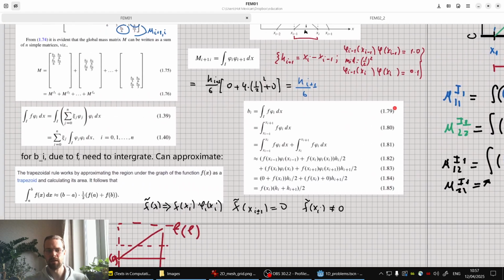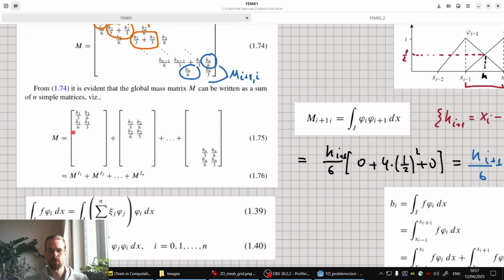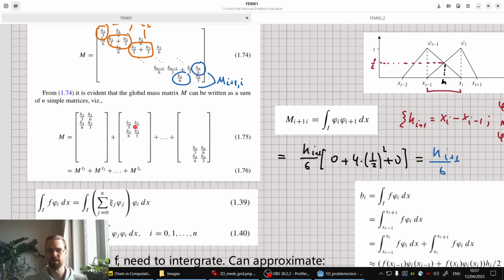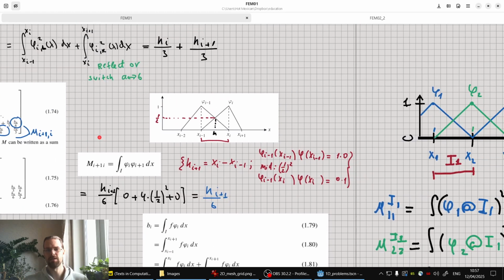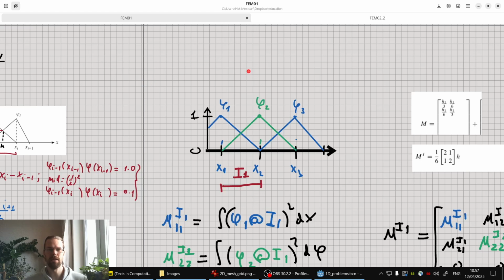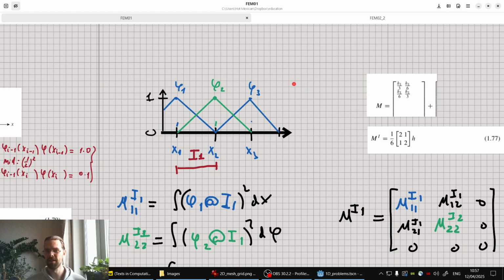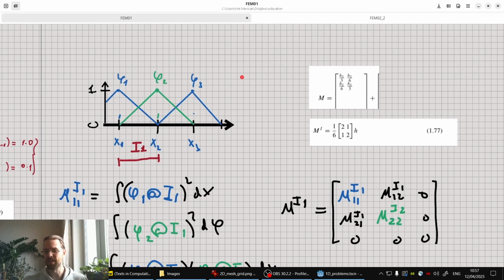And then we just construct this big matrix by summing over all these blocks into a bigger matrix. And this is the general way of thinking when we work with finite elements. We actually have finite elements, a finite element method, not a final hat function method or something, right?